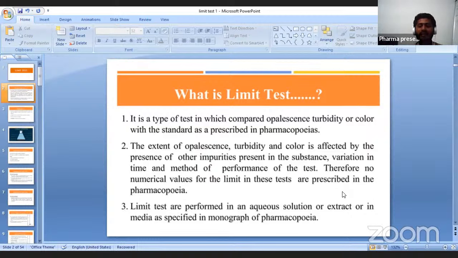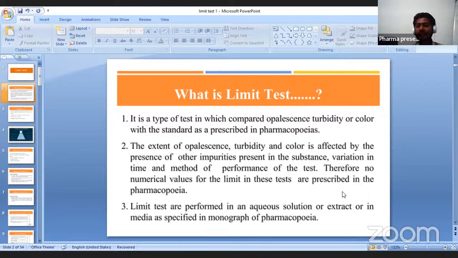Then only does it pass the test. It means that whatever the content of that metal, chlorides or sulfates, it is within the limits. If it has excess turbidity or darker color, it means that component, that metal, that chloride, that sulfate is more in it, so that is not acceptable.